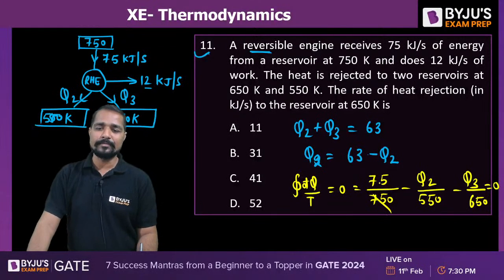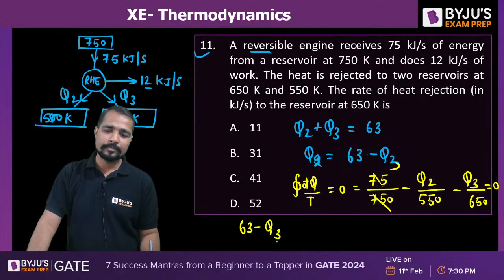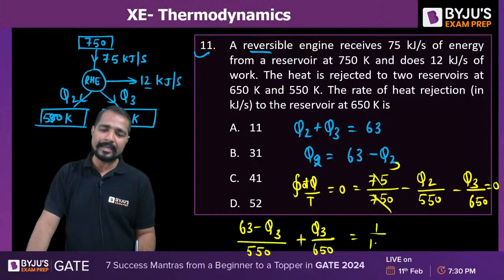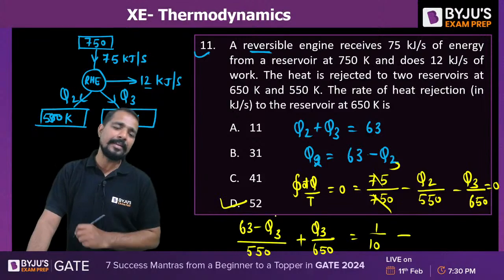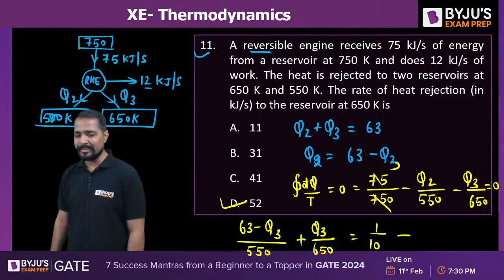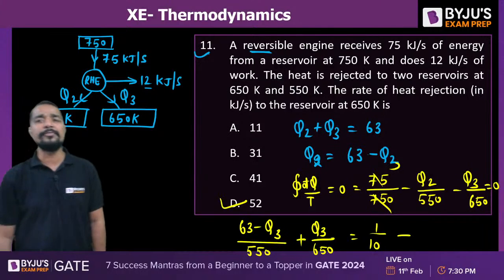This is 10 times 1 by 10. So Q2 is 63 minus of Q3 divided by 550 minus of Q3 divided by 650 will be equal to 1 by 10. In this way, when you get the value of the Q3, it is exactly 52. Absolutely right. It is exactly 52 answer we all are getting, my dear.